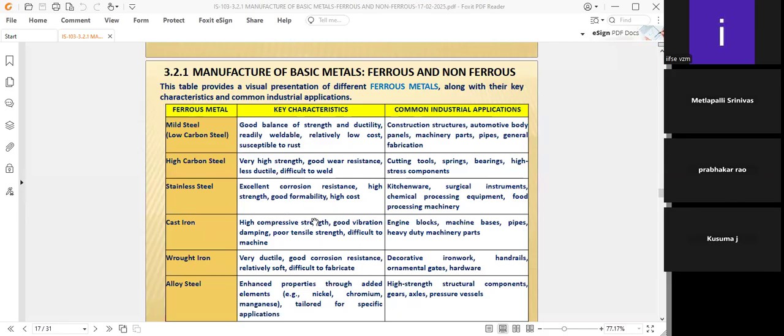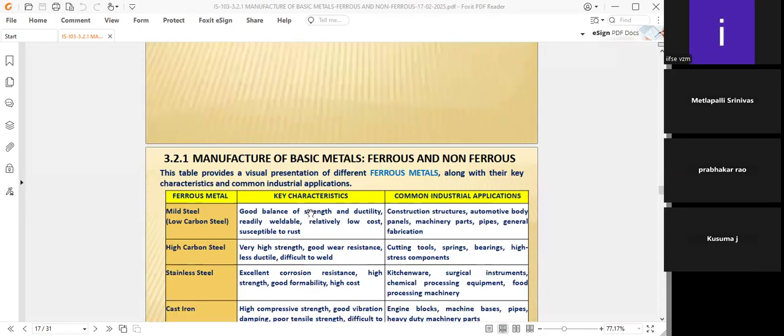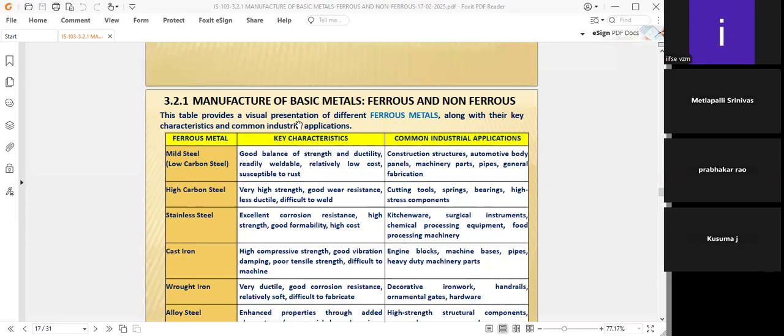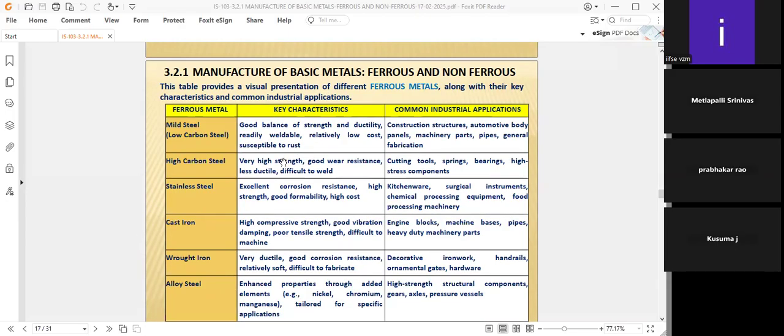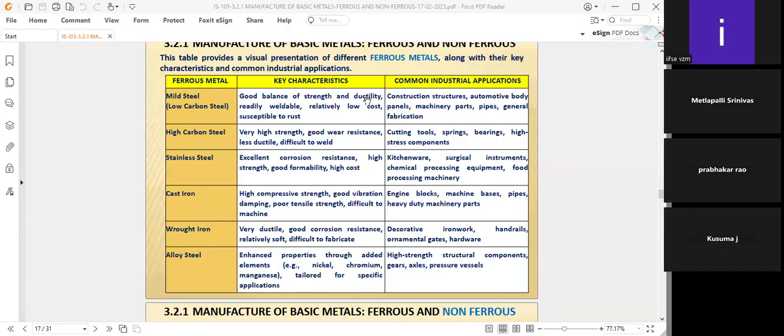Before going to the non-ferrous materials, we can look at a glance at the ferrous materials, their key characteristics and common industrial applications.